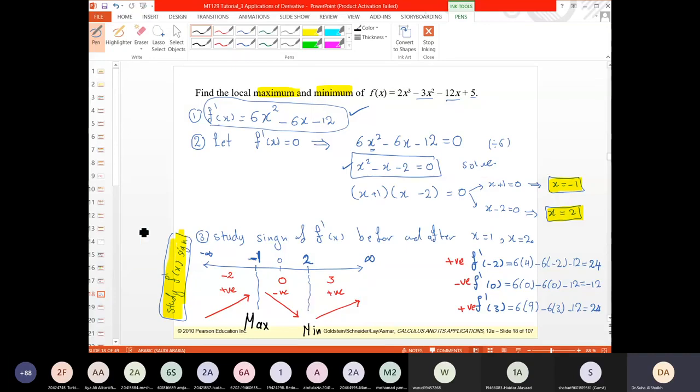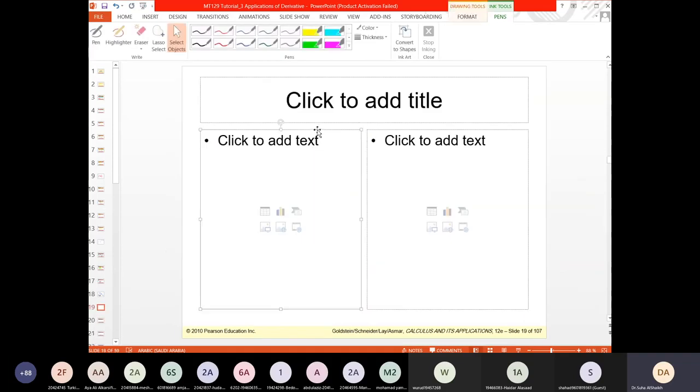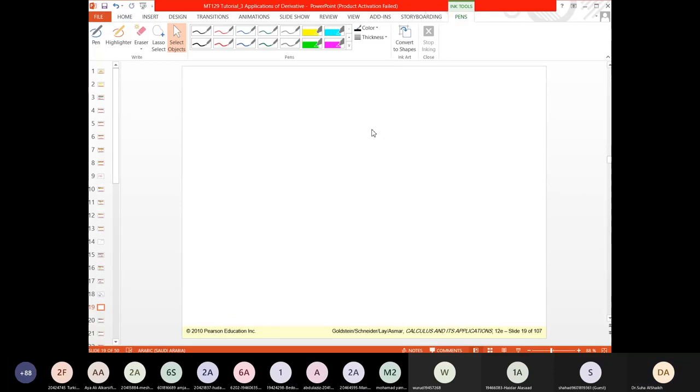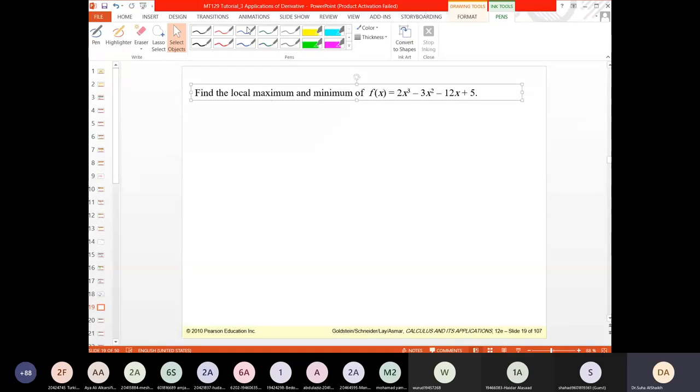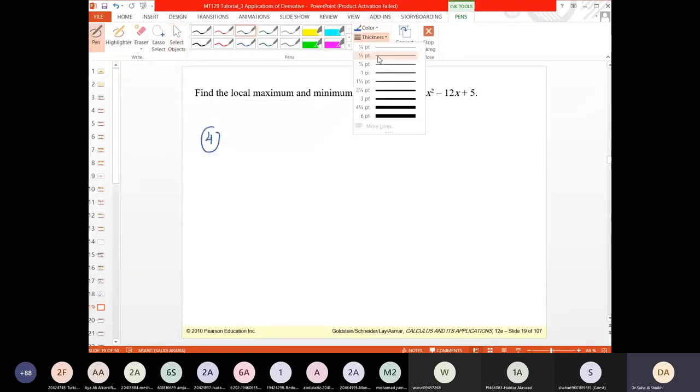So we remain with one more step. Step number 4. Those are the 2 points I get. I get x equal to -1, and I said it's a maximum.